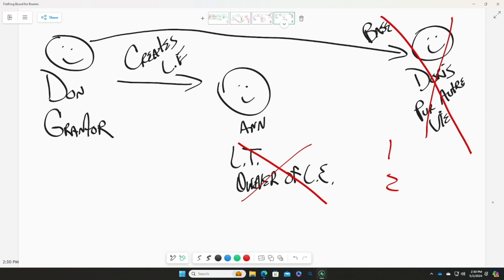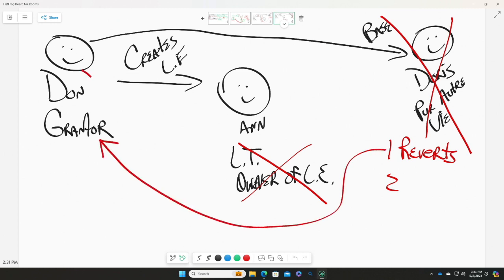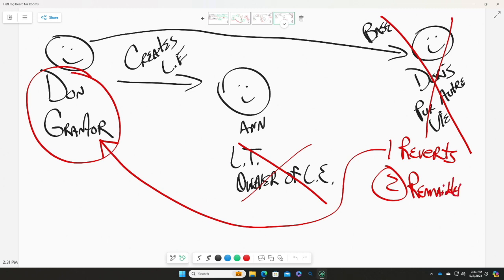And one of two items would happen. It either reverts back to Don, the grantor, or if there's a remainderman listed, if Mike's listed, the son, when Doris dies, then it would go to Mike.